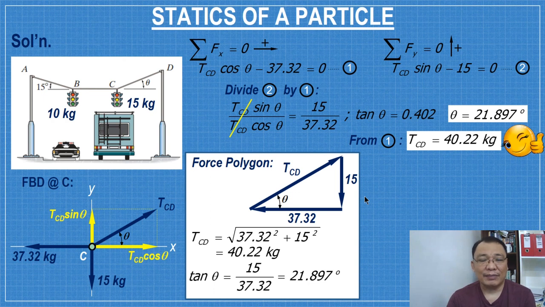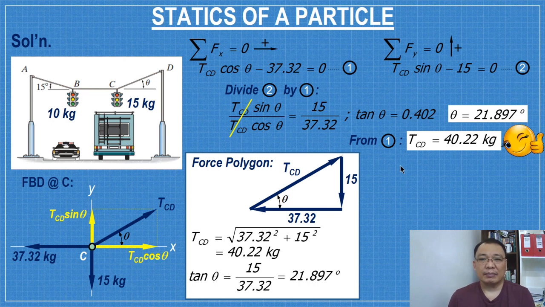And then, if it happens, it will result in two equations with two unknowns. Use what you have learned in algebra. Either you use the method of elimination, method of substitution, or any other method to solve for the unknown forces. Or the other one is you can use the force polygon.